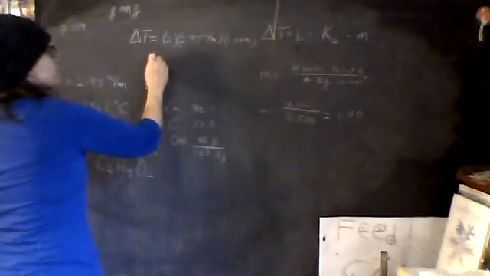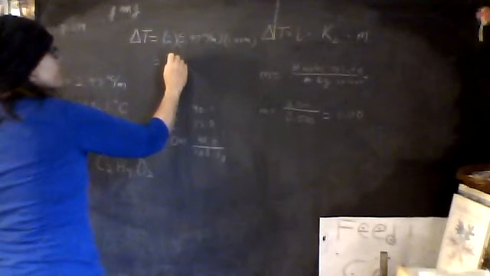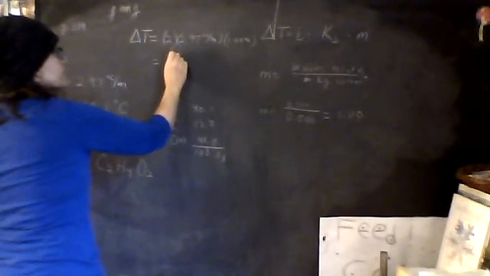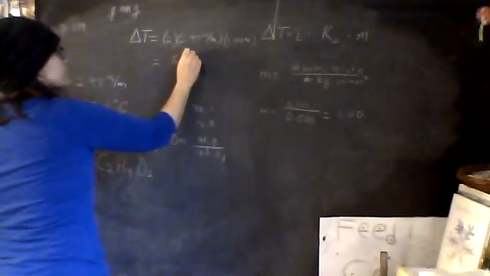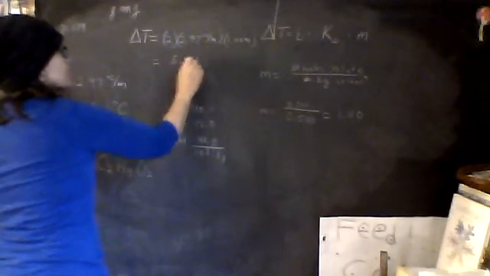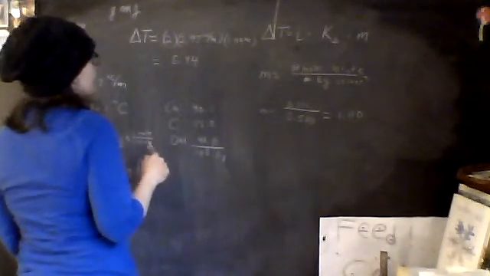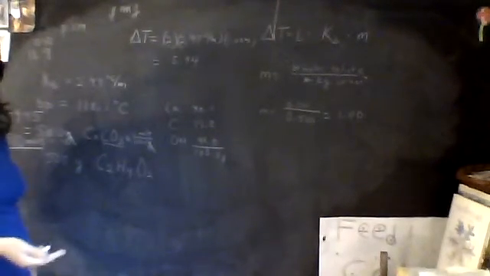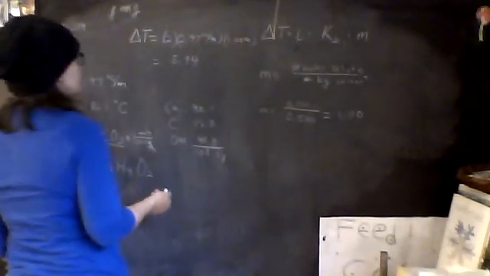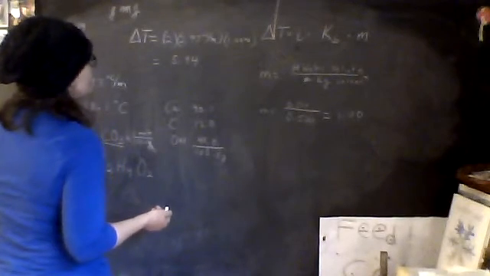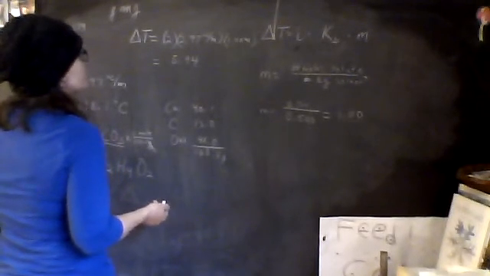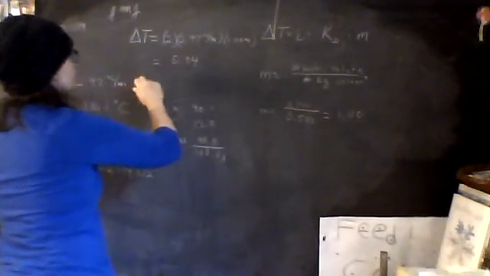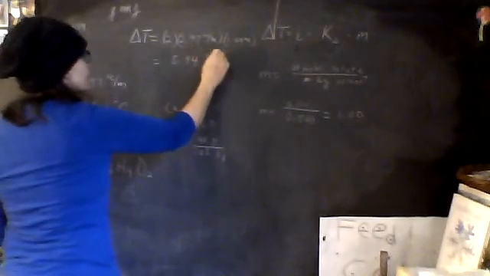We end up with 5.94 degrees Celsius. Since we can only use 1 significant digit, that's 6 degrees Celsius. No, we can actually use 3 because the 2 is exact. We're not worried about significant digits with it. It's actually 2 ions, so we're going to keep it as 3. So delta T is 5.94 degrees Celsius.